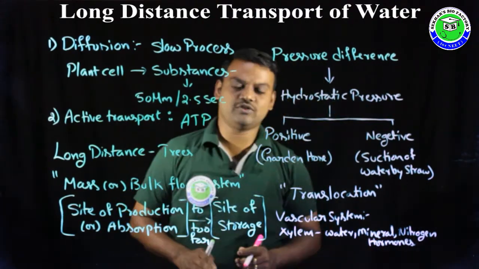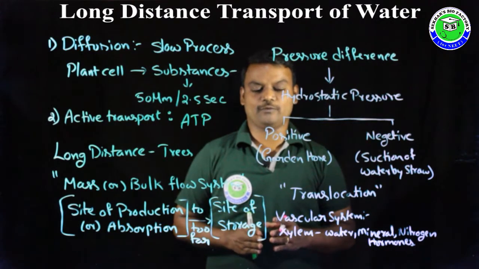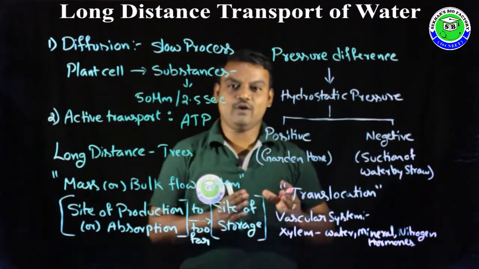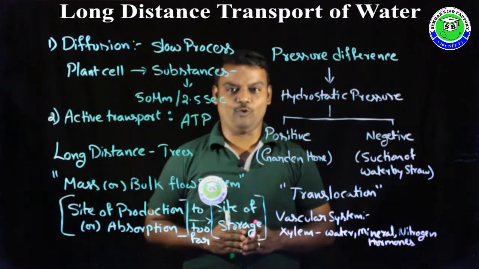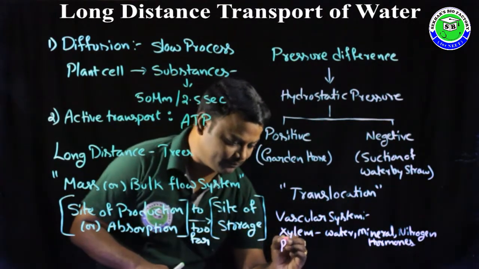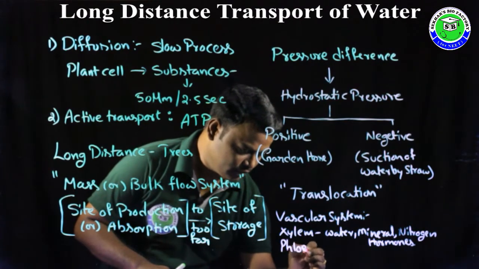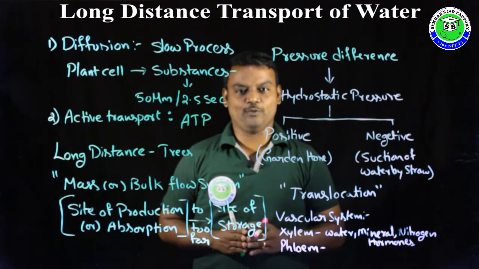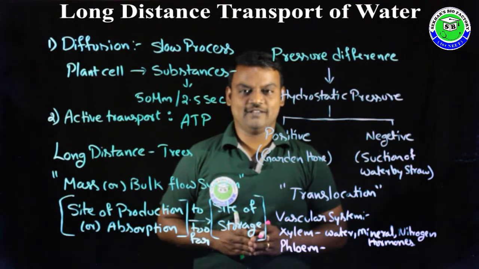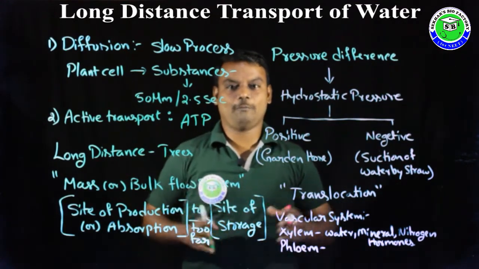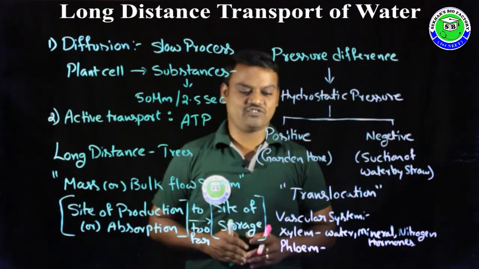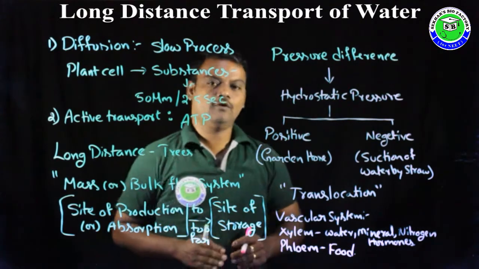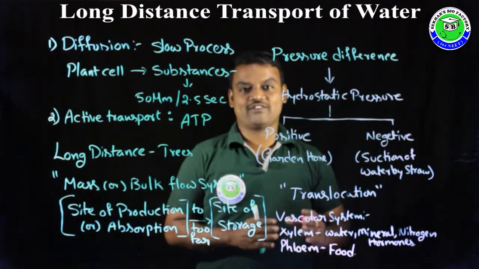So the xylem tissue transports water, mineral salts, nitrogen and hormones always in one direction, that is a unidirectional flow. But in case of phloem, the phloem is a tissue, and this phloem tissue can transport organic food substances from leaf to different parts of the plant body in multidirectional flow.